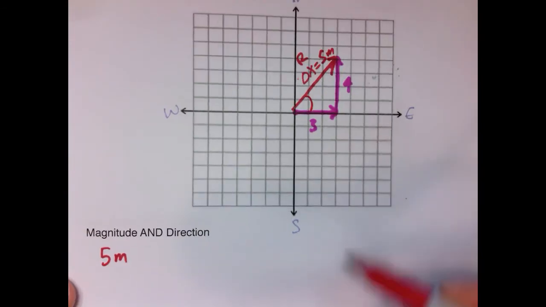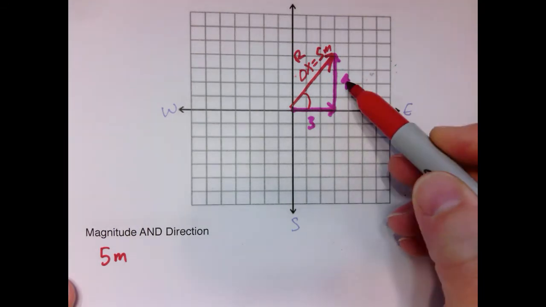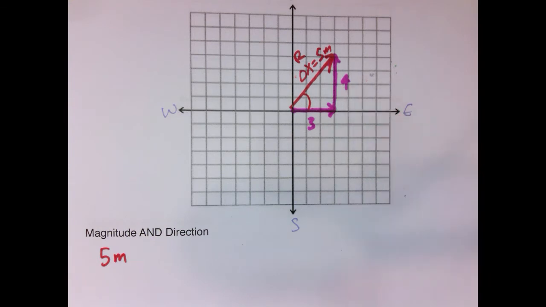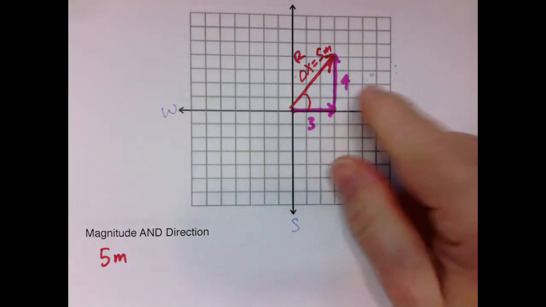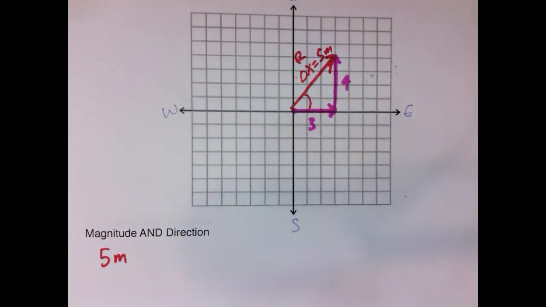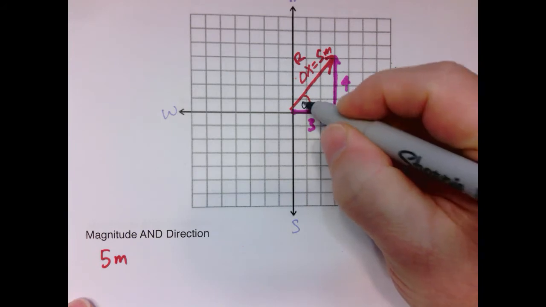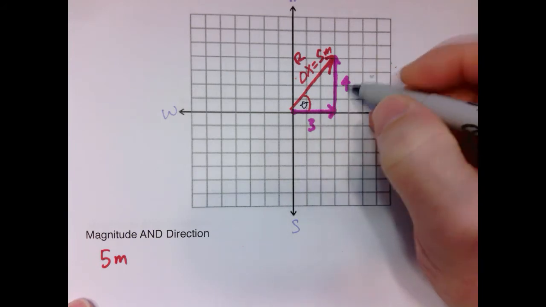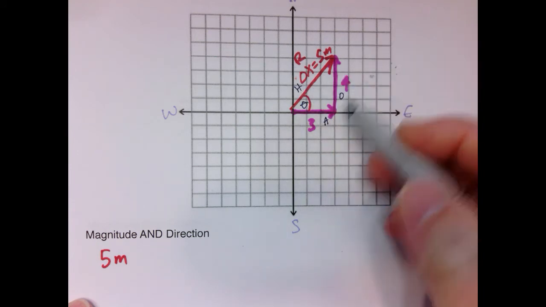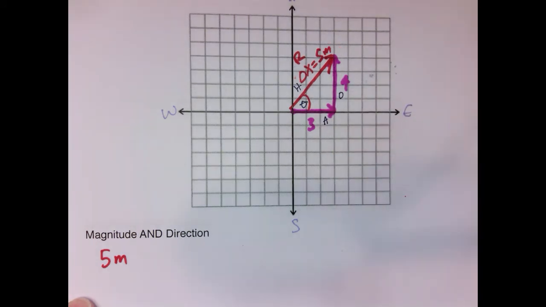So to find that angle, we were given the adjacent and the opposite. But we know all 3 sides. So to find the angle, we could use sine, cosine, or tangent, but it's always most prudent to use the givens. So in this particular case, we have our angle theta, and we have our opposite and our adjacent side. That's the hypotenuse. So we have opposite and adjacent, which is tangent.